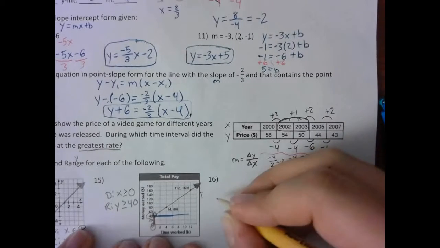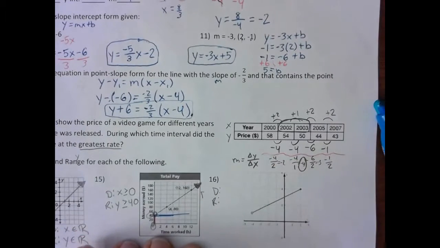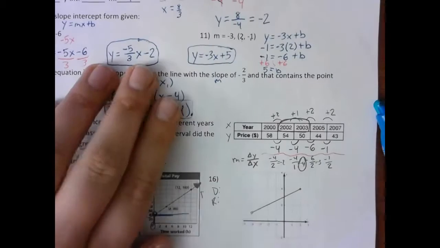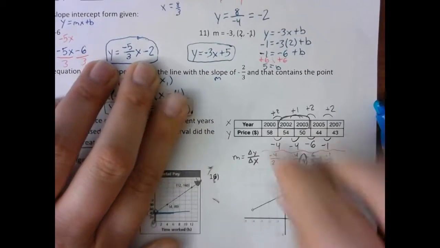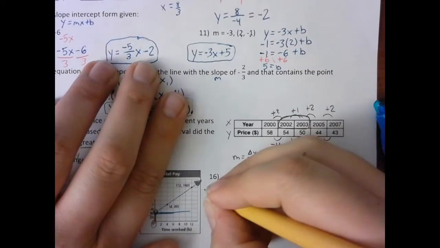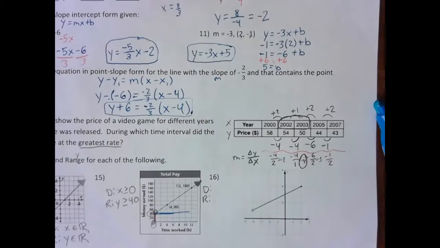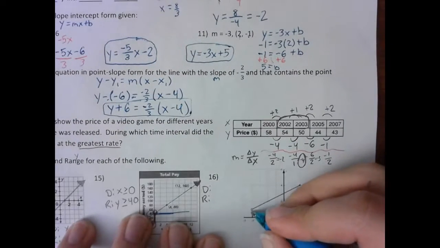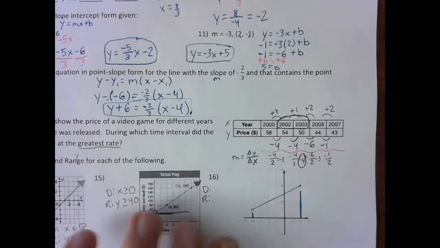All right, number 16. 16 is a little tougher. In fact, I'm going to give myself a little more room to write the domain and range on 16. Okay, again, domain has to do with our x's. So we're going from here to here on the x-axis.